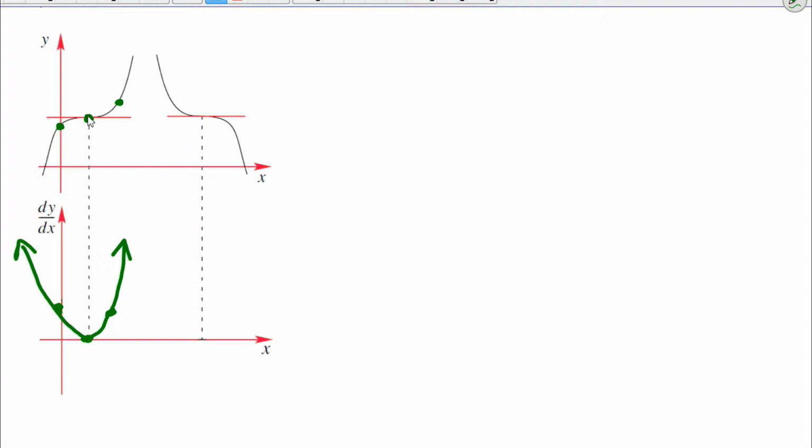Now on the right, at this point here, the slope is 0, and then at this point here, the slope is negative because you are going downhill.